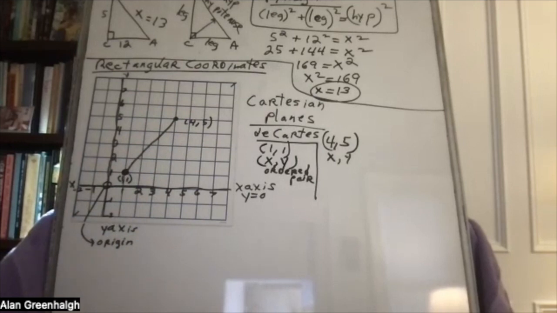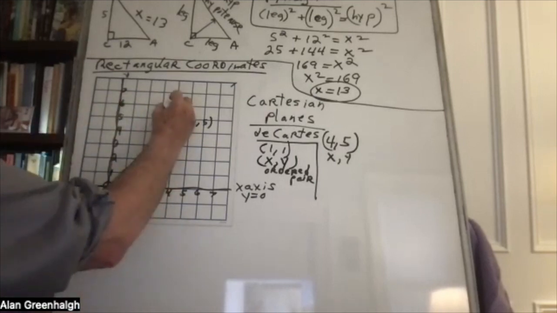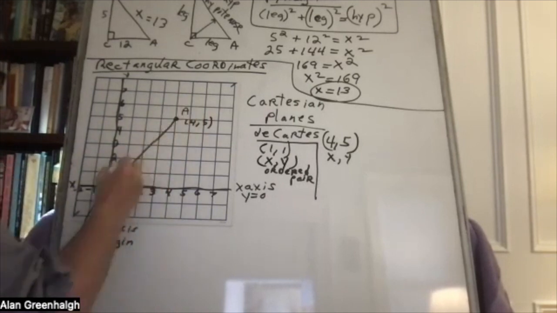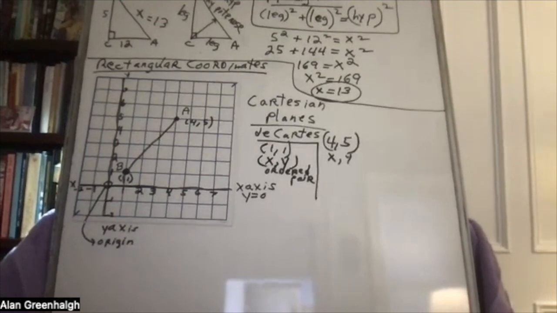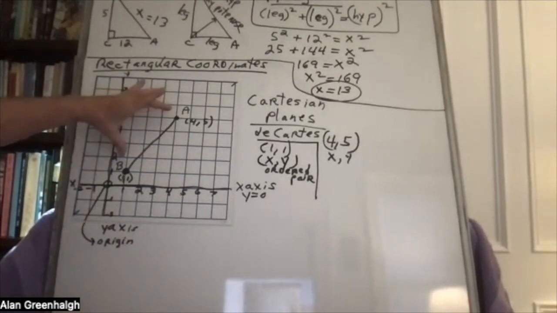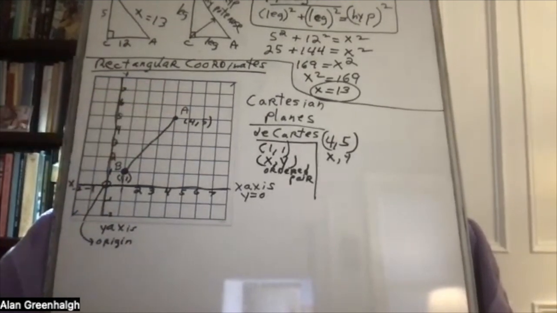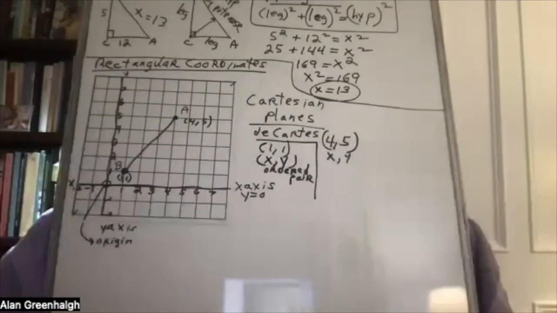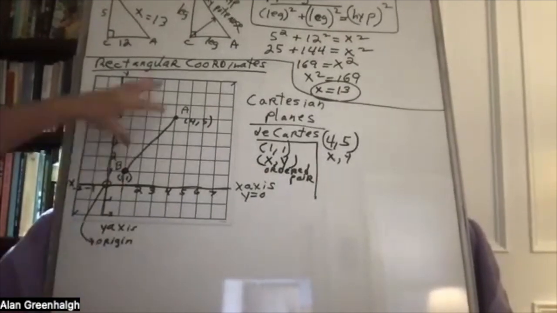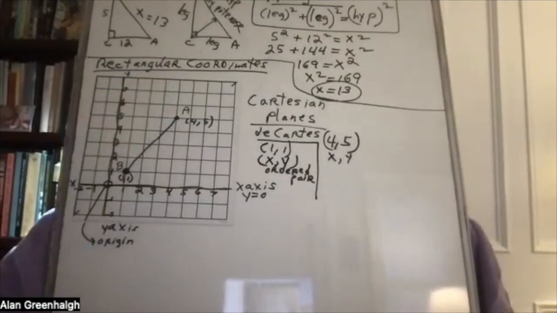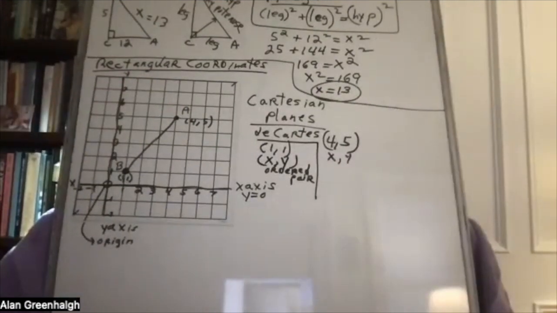Let's call this line the line AB. My question to the class is, how long is that line? Or better still, how would you go about finding out how long that line is?